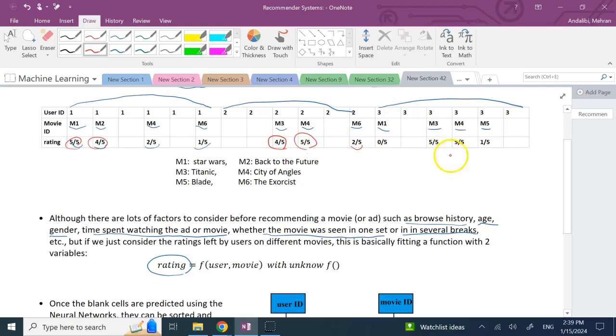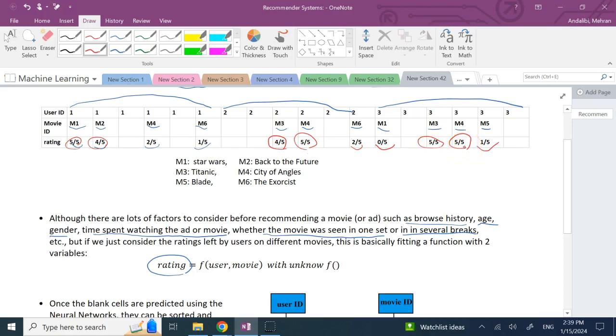And person 3 seems like he liked romance movies more but not too much horror and not too much sci-fi. Okay, so if it's as clear as this, then I know I need to go to another sci-fi movie for person 1, another romance movie for person 2, and person 3 also probably another romance movie, and suggest to them.